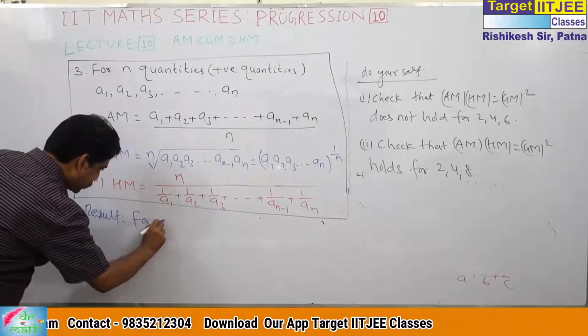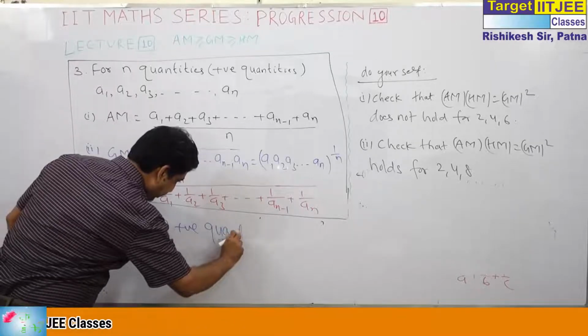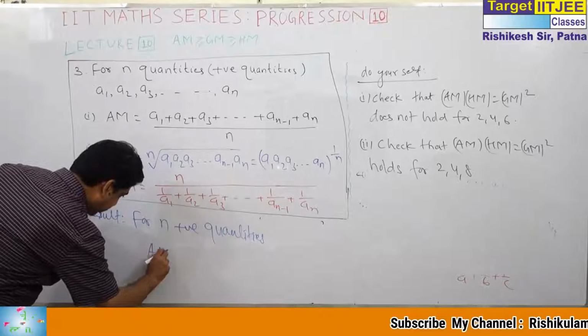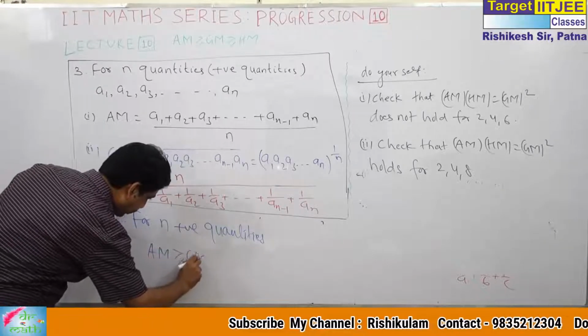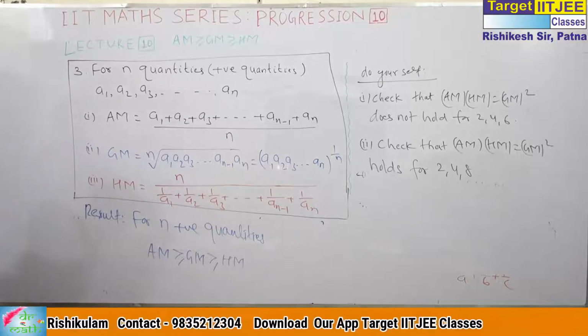For n positive quantities, arithmetic mean is greater than or equal to geometric mean, which is greater than or equal to harmonic mean.